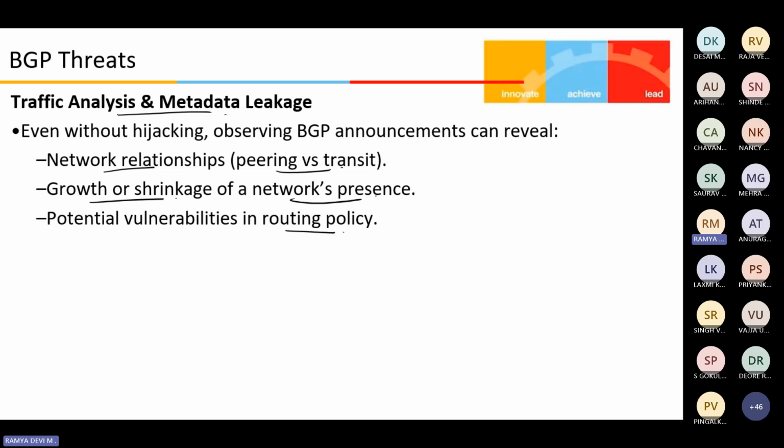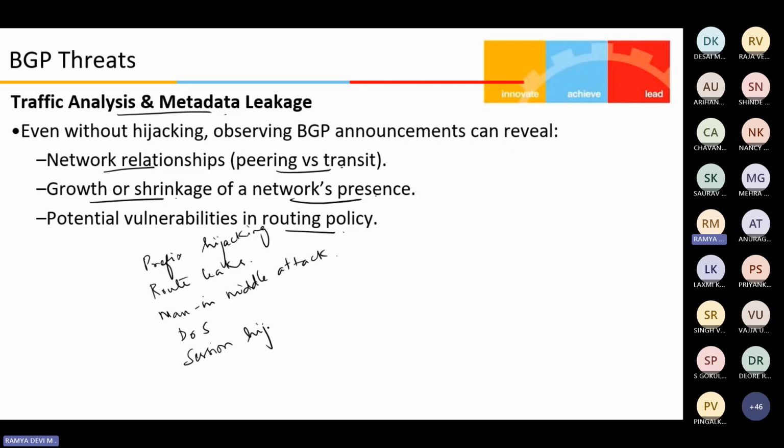So these are the PGP threats. We have seen nine different categories. The first is prefix hijacking, if you remember. The next is route leaking, or else man in the middle attack, then denial of service. The session can be hijacked: prefix hijacking, session hijacking. The next is route flapping.